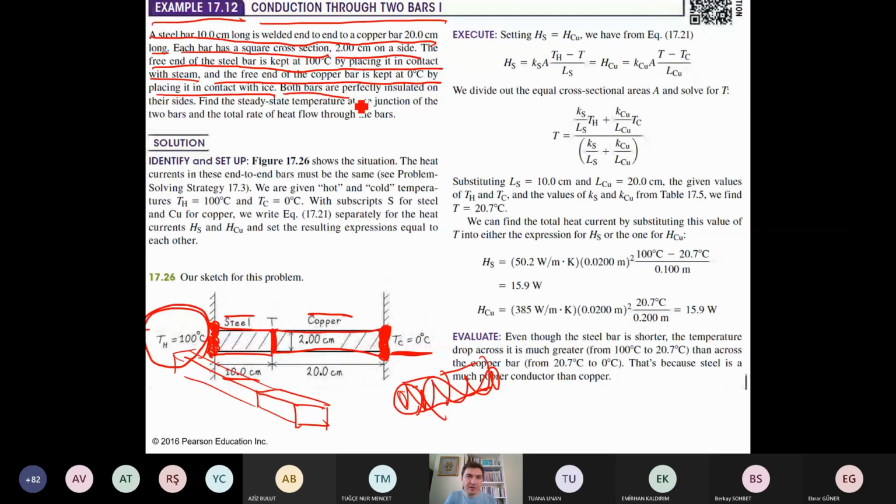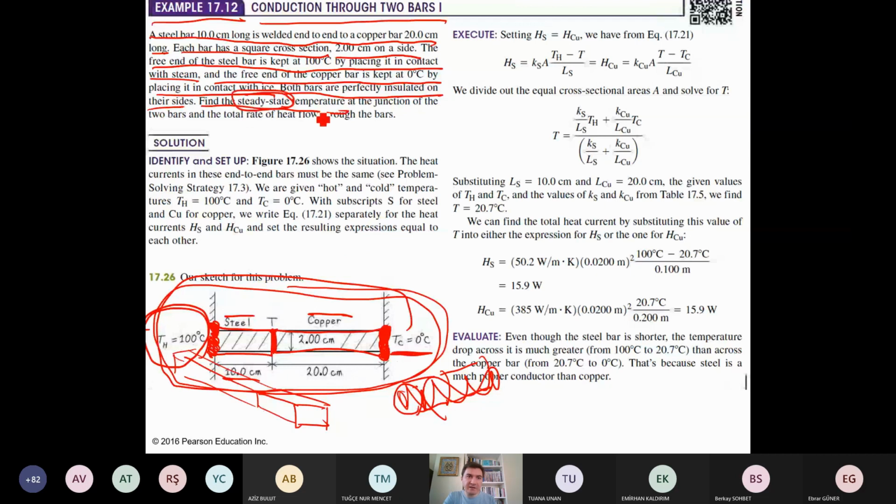Both bars are perfectly insulated on their sides. So you consider that there is no contact with the surroundings or with the environment, then the system is thermally isolated. Find the steady state temperature at the junction of the two bars and the total rate of heat flow through the bars. What is the final temperature at the junction here?